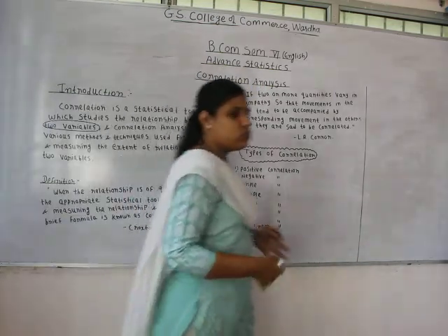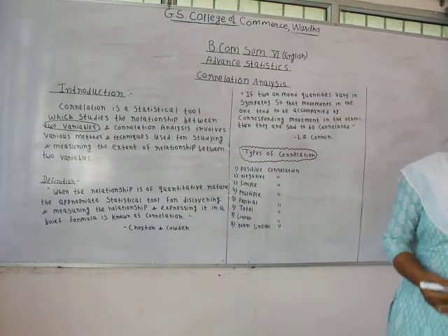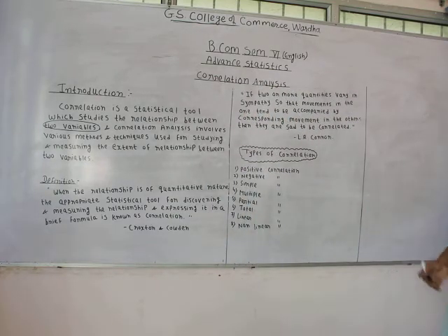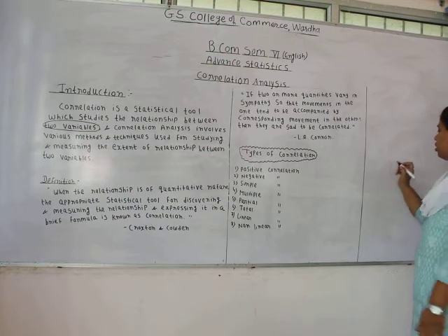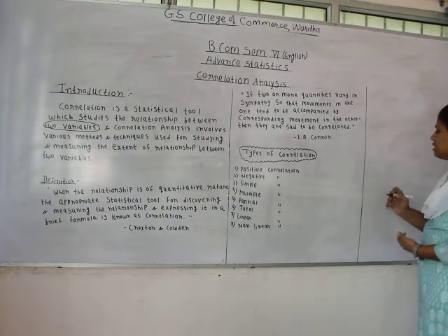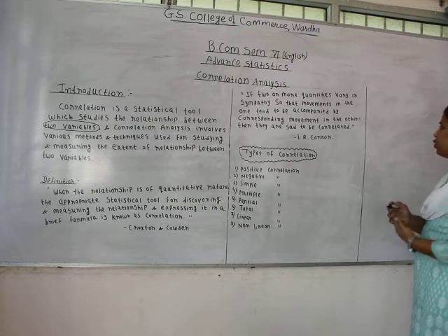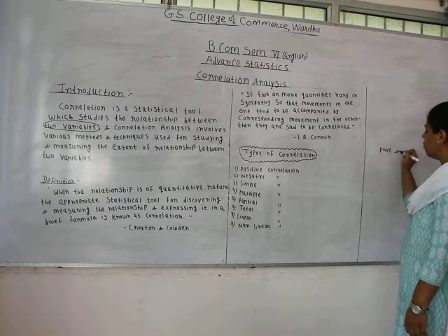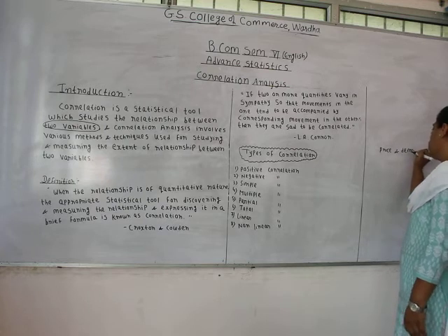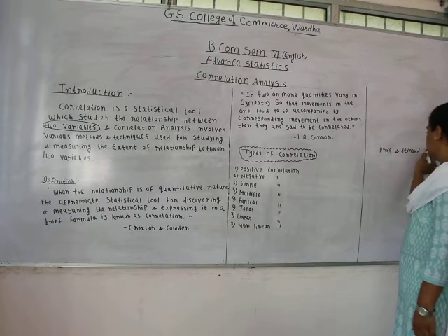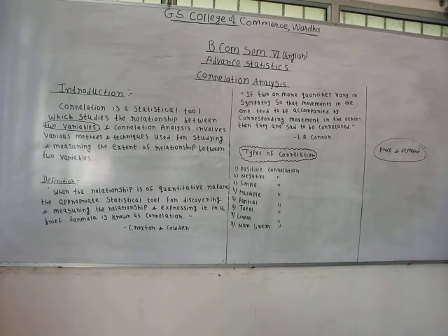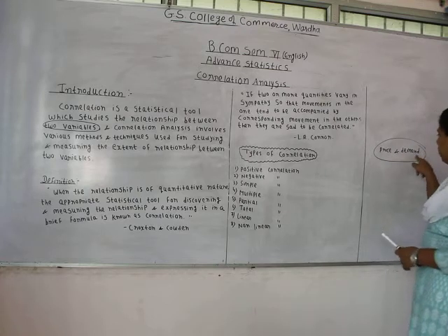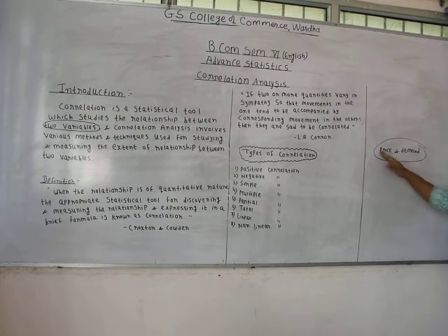Now what is meant by two variables? We can call it two factors as well. Like, if there is some tool which is studying the relationship between two variables, say price and demand, we can say that the tool is being used to study the relationship between price and demand, where price is one variable and demand is another variable.